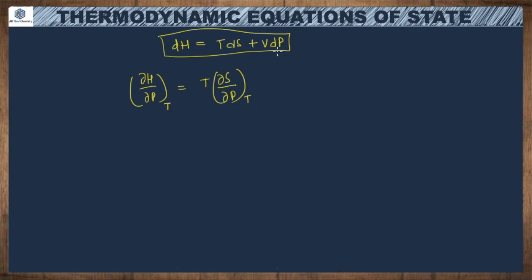The other part, you will have V times del P by del P, which obviously becomes 1, so you can easily erase this part. This is how you will get your second thermodynamic equation of state.